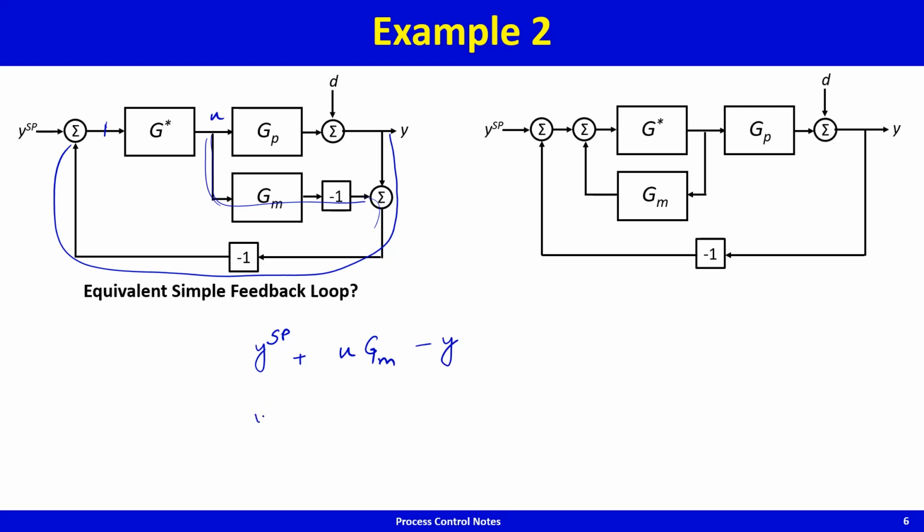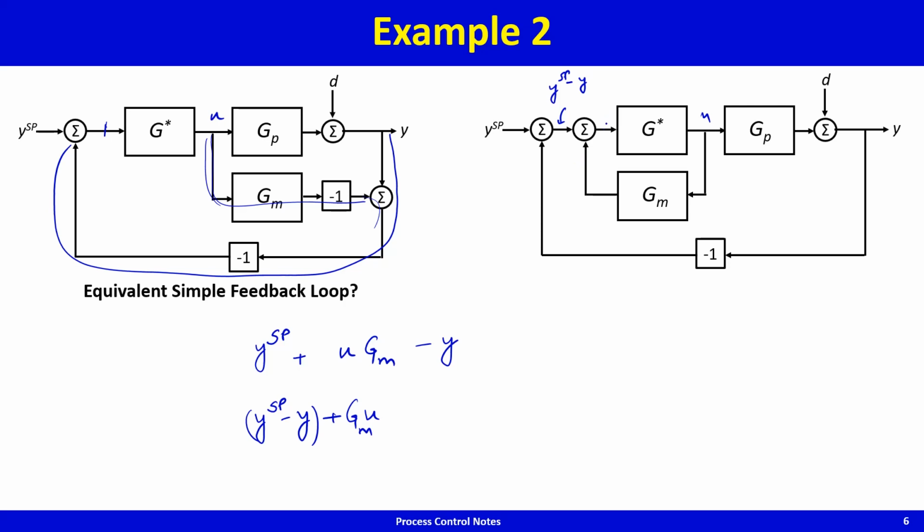So I will do y sp minus y plus u times gm. So this signal is y set point minus y, that's this guy, and then you're adding u times gm.